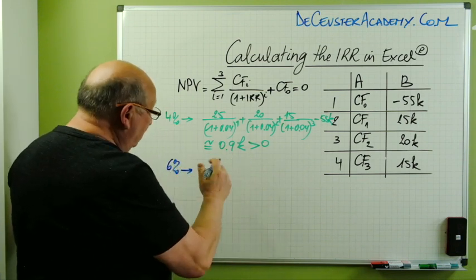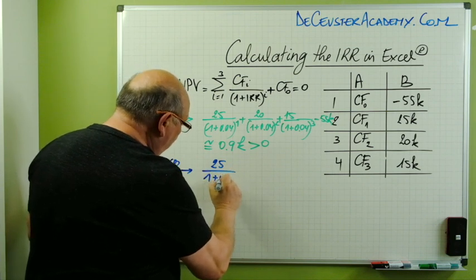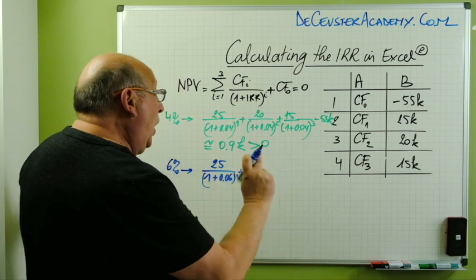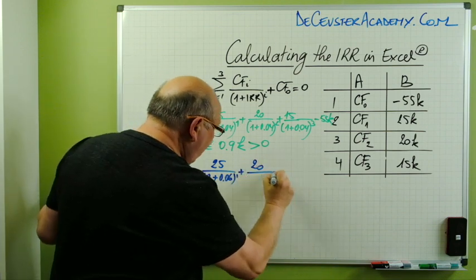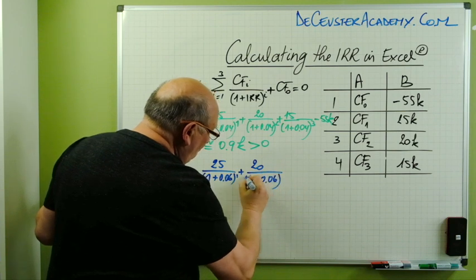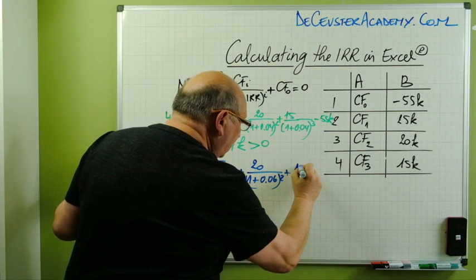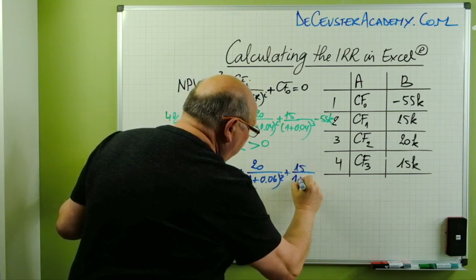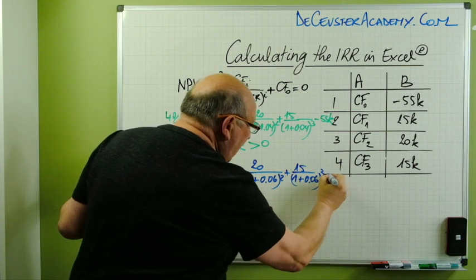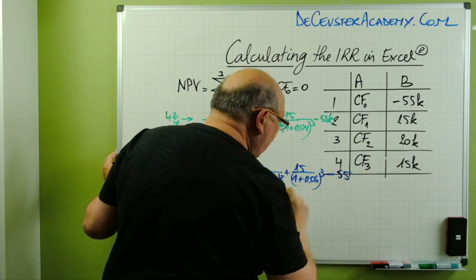So we have the same numbers here, but we have 25 divided by 1 plus 0.06 to the first power, plus 20 divided by 1 plus 0.06 to the second power, plus 15 divided by 1 plus 0.06 to the third power, and here we subtract the 55K.